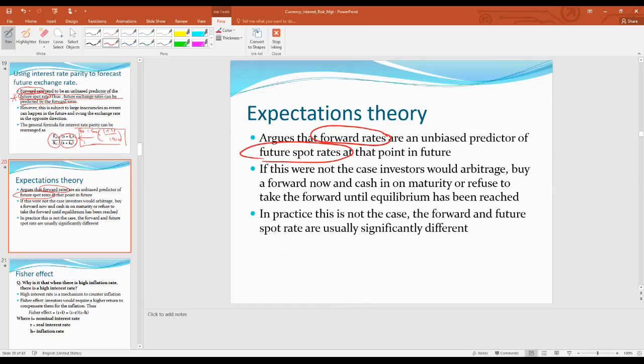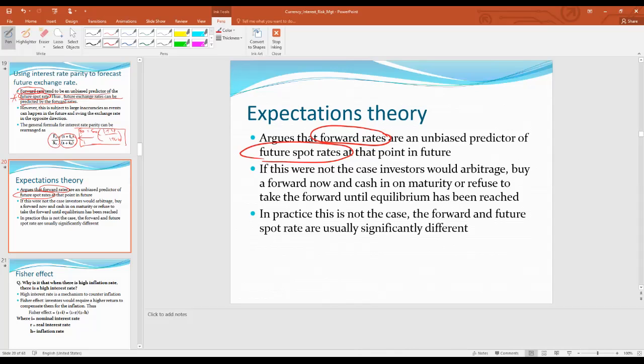Which implies therefore, if the forward rate can be used as the unbiased predictor of the future spot rate, don't forget the forward rate is being explained by the interest rate, and the future spot rate is being explained by the rate of inflation. We should remember the purchasing power parity theory and the interest rate parity theory.